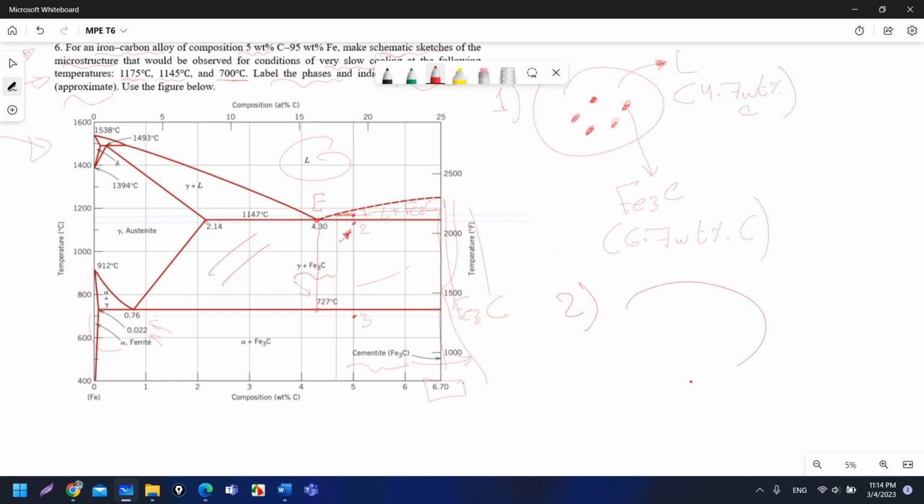So if I draw the microstructure, let's draw for example the grain boundaries. It will be something like this, and I will put on the grain boundary the particles of the Fe3C. Okay, then I will draw the lamellar structure. It will be something like this.